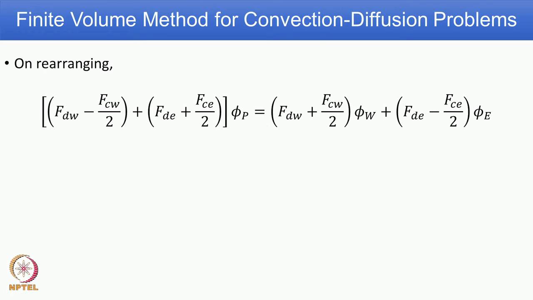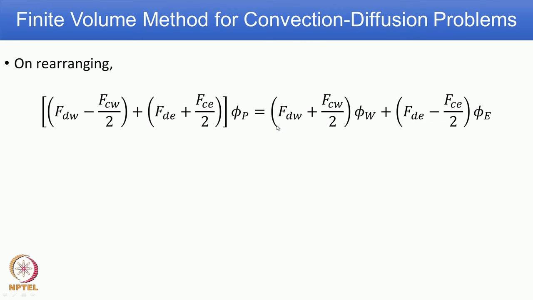In the previous equation we collect all coefficients multiplying the variable phi at P and we rearrange, then we get this form. So, this is the node of interest that is unknown and that is retained on the left hand side. Then on the right hand side, similarly, the coefficients for the west as well as east variables are respectively written.